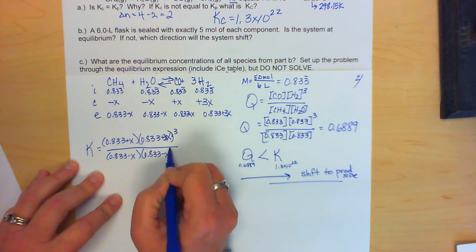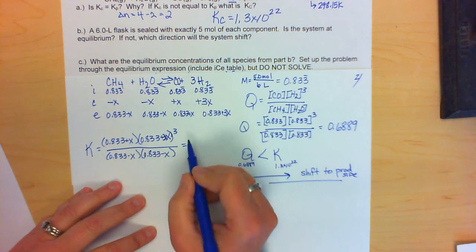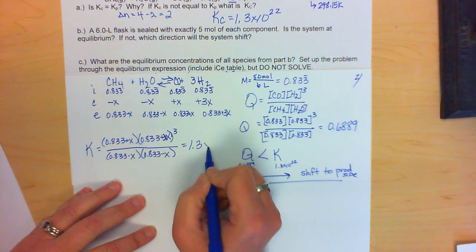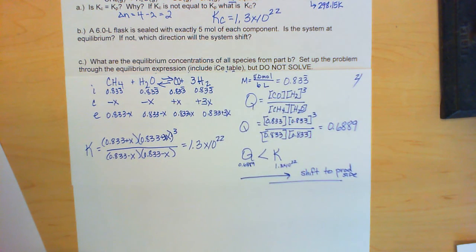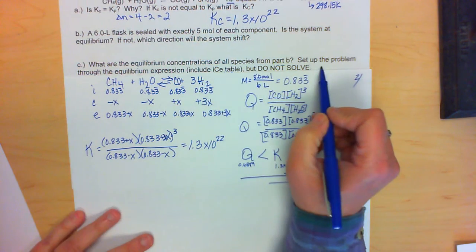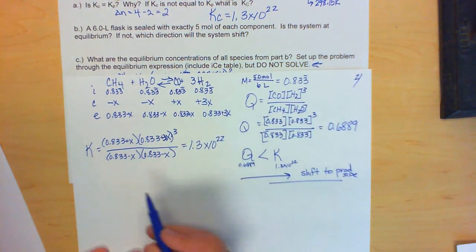Now, we actually do have a K value, so I'm going to put it here. A binomial multiplication was bad enough, but I do not want to cube that thing and then have to multiply by a binomial. But if I go back up and double check my problem, it says set it up but do not solve.